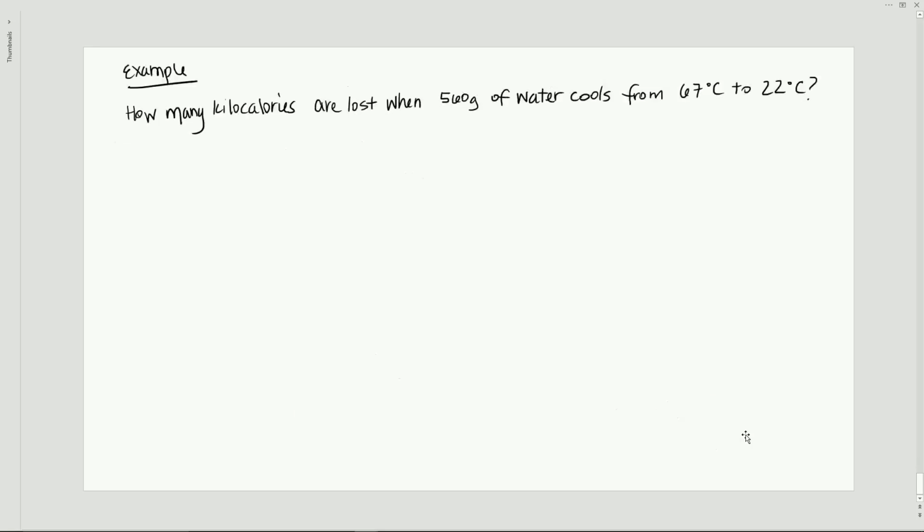Okay, so now let's look at one example. How many kilocalories are lost when 560 grams of water cools from 67 degrees Celsius to 22 degrees Celsius? So here is what we have. We are given the mass of water equals 560 grams.